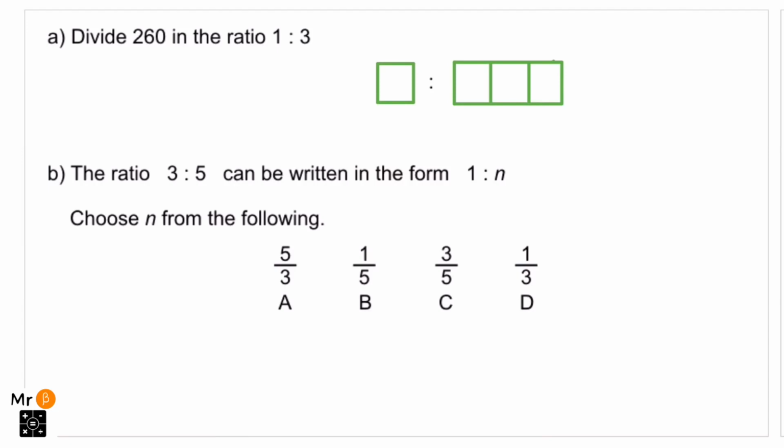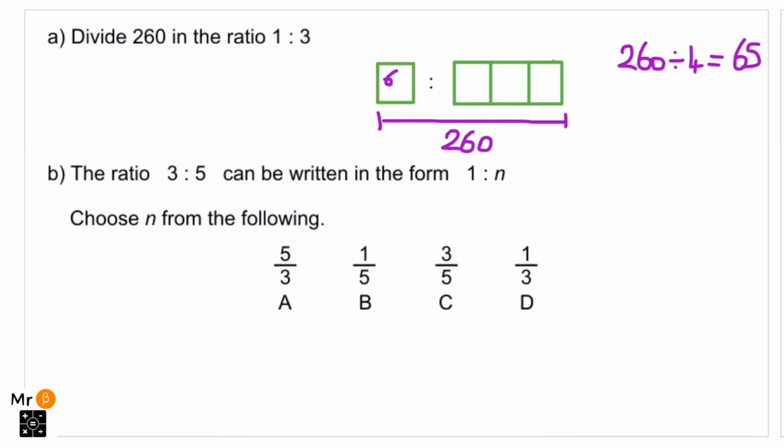So question 3, it's asked you to divide 260 between this ratio 1 to 3. Again, you'll notice the first step I have done is drawn out these boxes. We have a total of 4 boxes, so this time the calculation we are working out is 260 divided by 4.